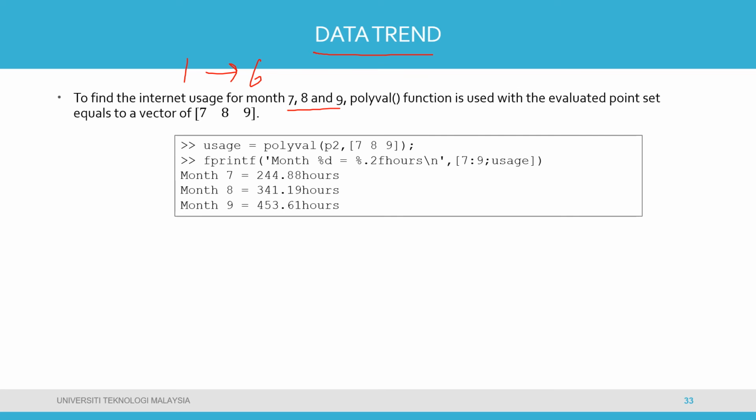Then after you get the function that shows the usage, now you can estimate the future data. That is why data curve fitting is very useful, because you can estimate the future trend of the data. So to do that, you have to use a polyval.